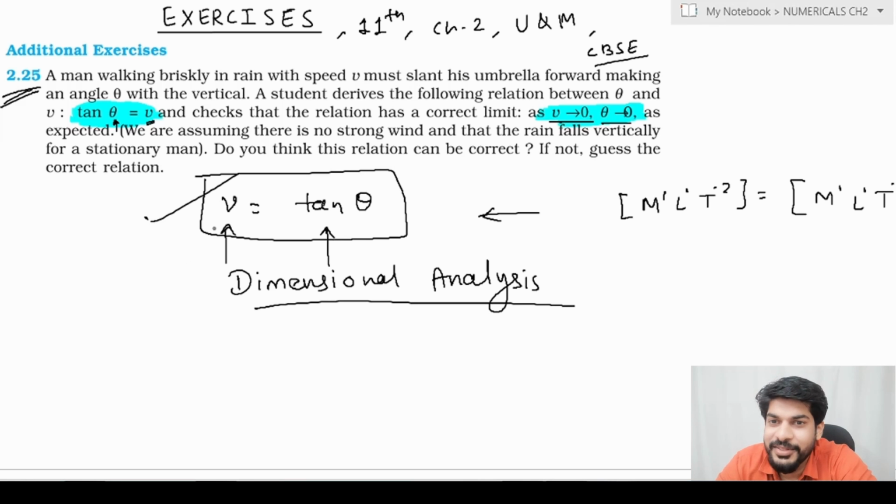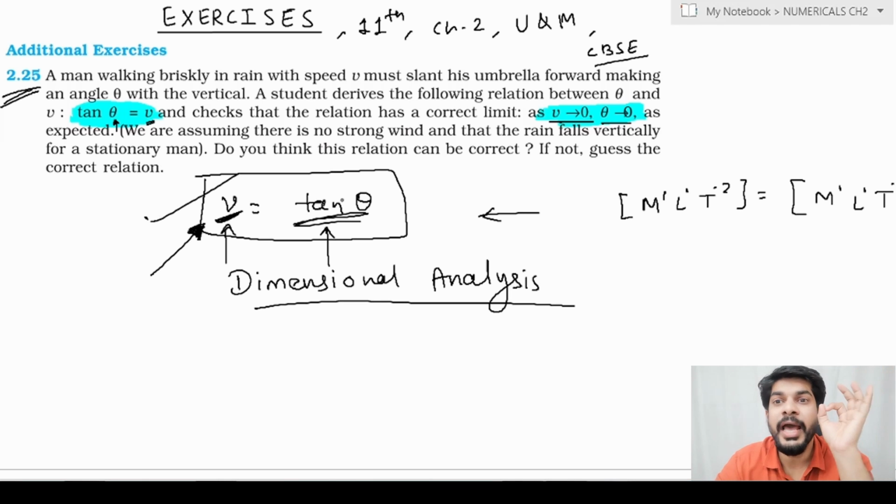There is no correctness in this equation. The LHS is v, and there is no term of velocity on the RHS. There is tan theta, and tan theta or any other trigonometric function does not have any dimensions at all.